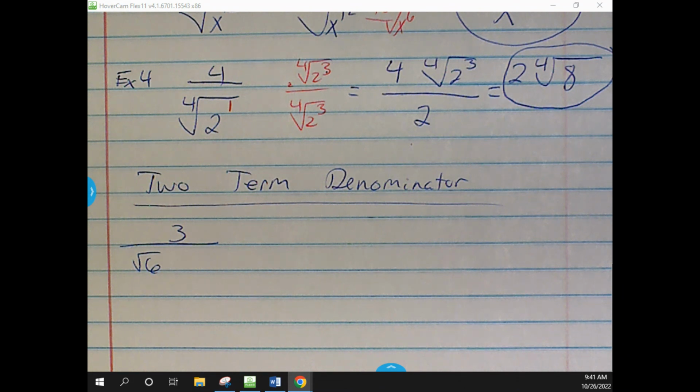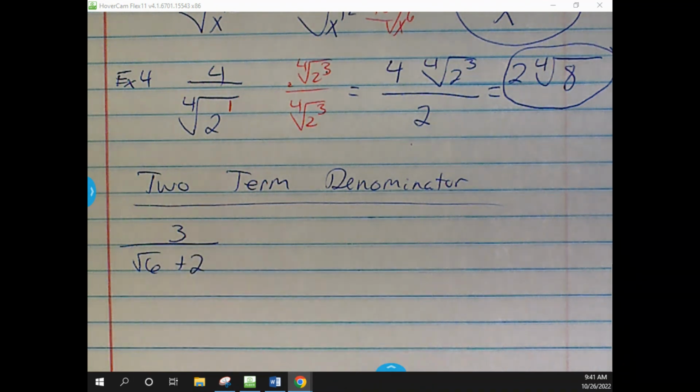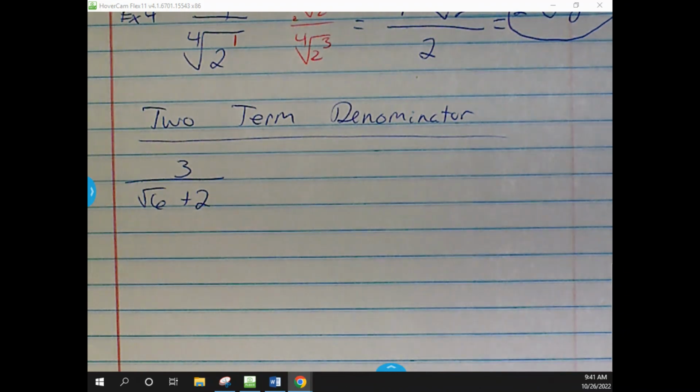So let's go 3 over square root of 6 plus 2. All right, so if it's a two-term denominator, this is why we had to do the multiplication first, and then we put all this together.